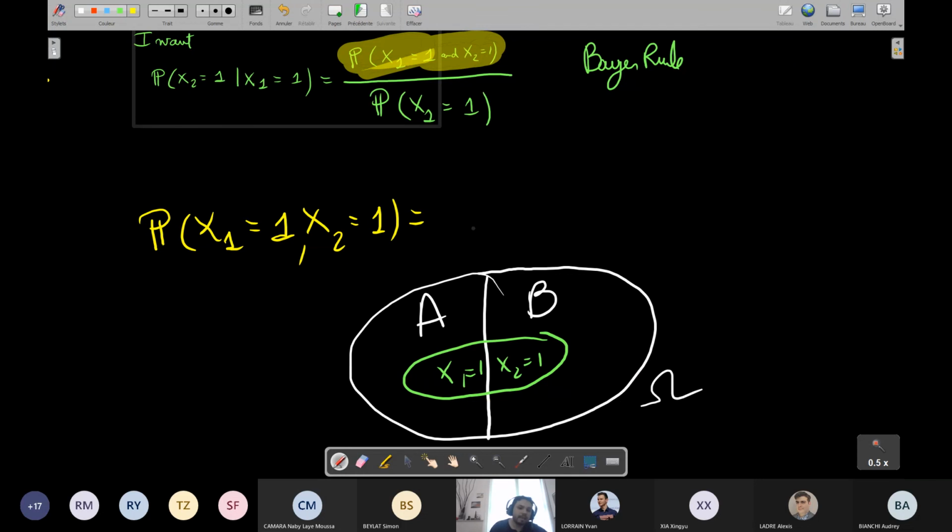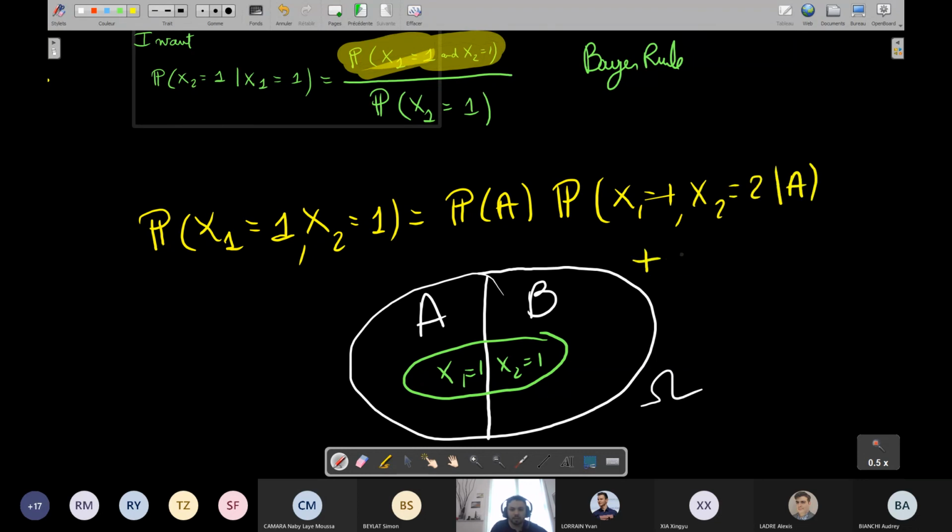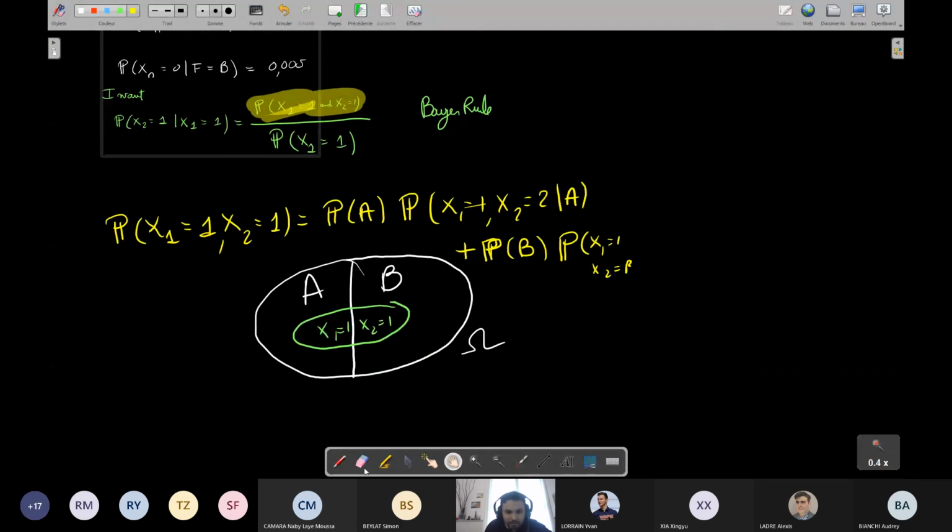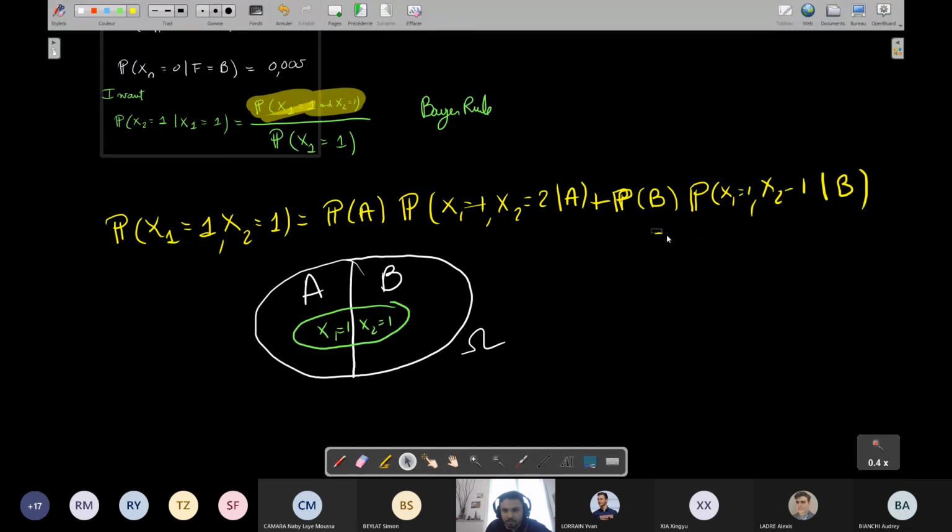This probability, x1 is 1 and x2 is 1, is equal to the probability of getting a watch from A times the probability that x1 is working and x2 is working given A, plus the probability of B times the probability that x1 works, x2 works too, given B. This is the complete computation.